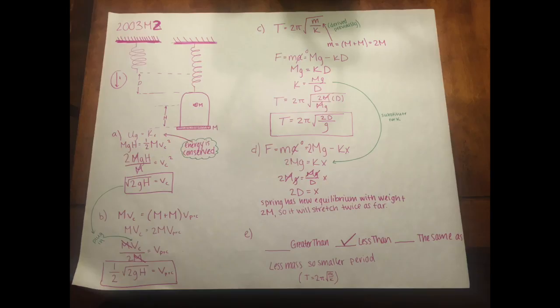So then after that, we wrote out a force equation. So we have F equals ma, and since acceleration would equal 0, you can set mg equal to kd, d being the displaced distance.